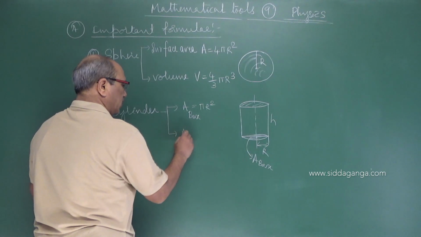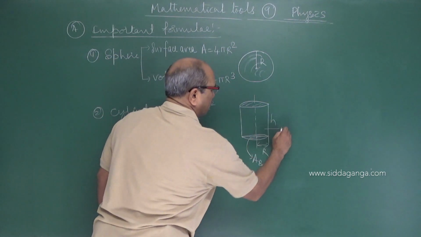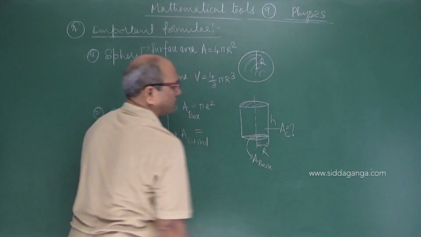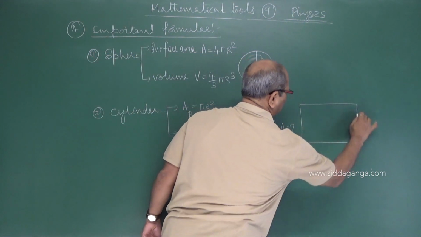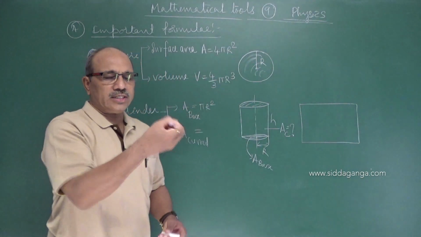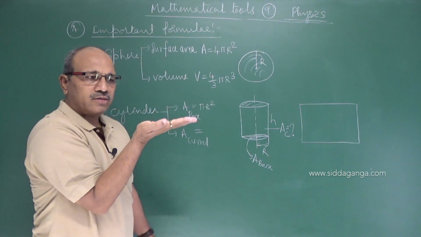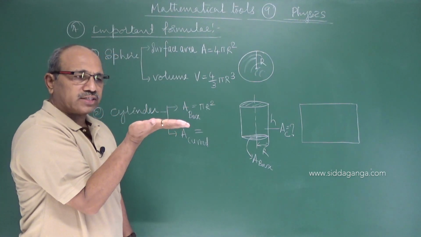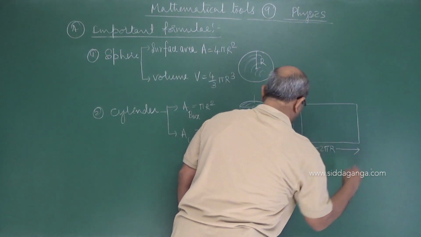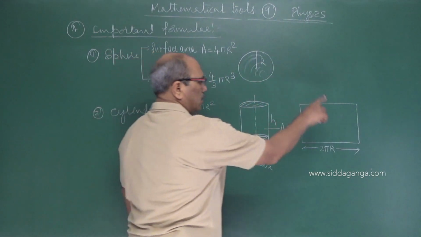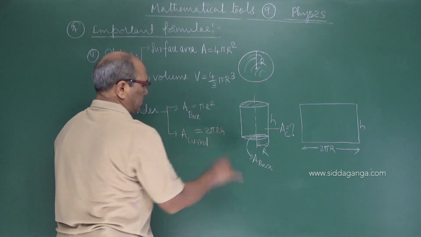Then I can take the area of the curved surface. If I open this cylindrical structure, you will get a plain sheet. So the circumference is converted to one side, which becomes 2 pi r, where r is the radius, and the other side is h. So you can write it as 2 pi r h.